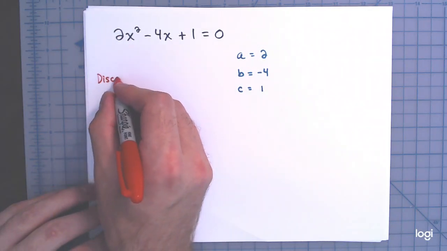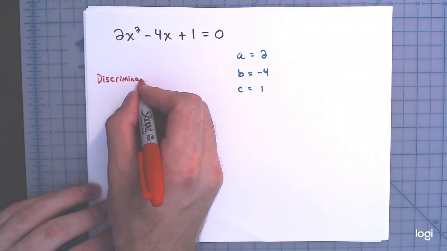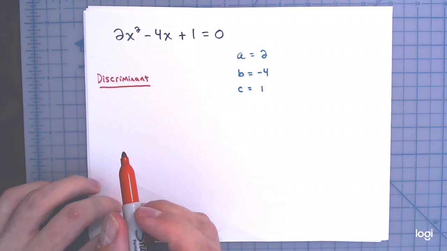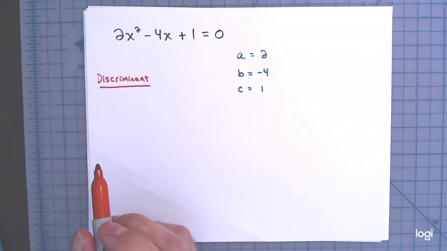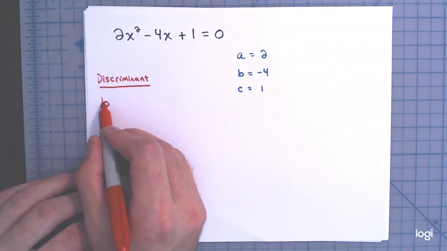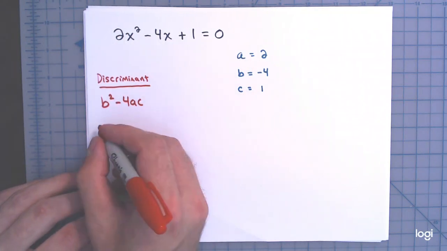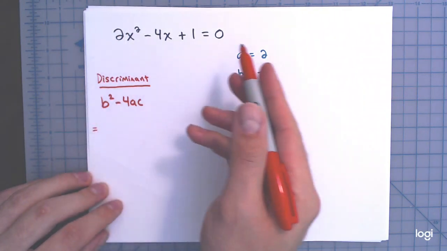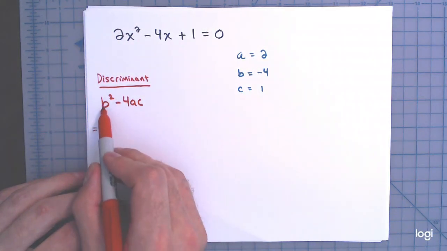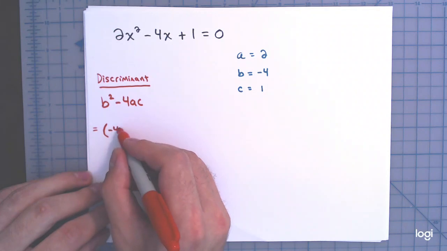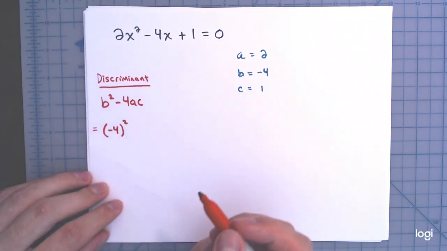I'll write it again, is the value of that expression underneath the radical in the quadratic formula, that b squared minus 4 times a times c. So for this particular equation, the value of the discriminant is b squared, or negative 4 to the second power. That'll end up being positive, right?